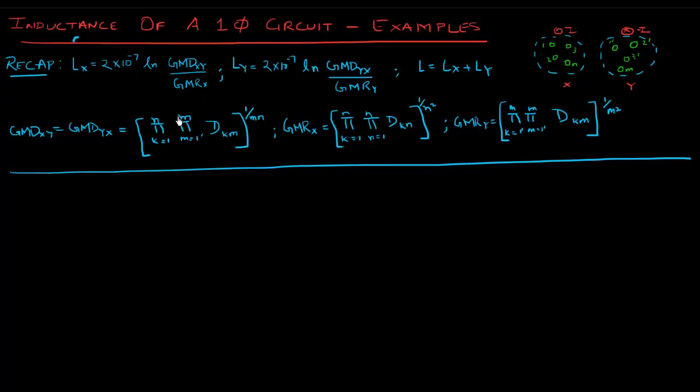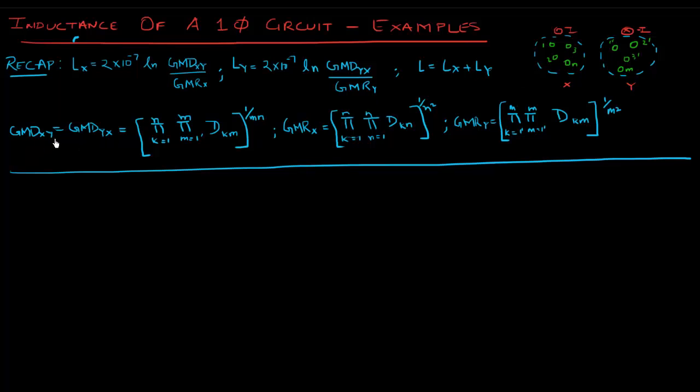GMD X of Y or GMD Y of X is the same thing. It's the distance of each of the strands in this composite conductor to the strands in the other conductor. So it was nothing but a product of all these distances.